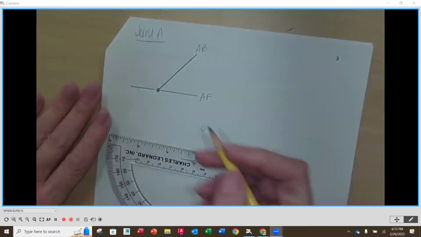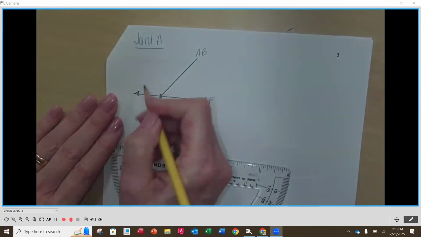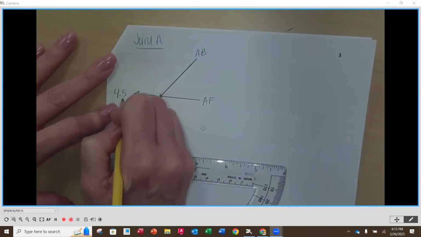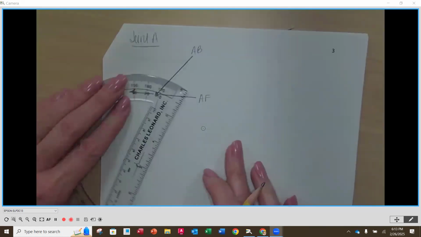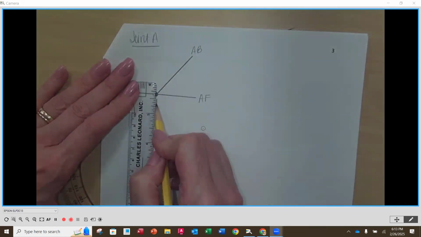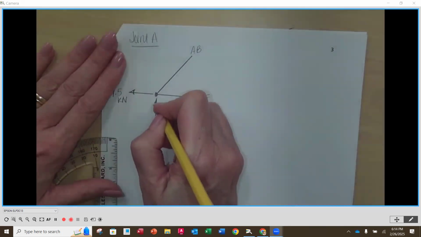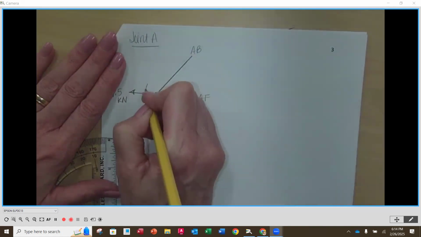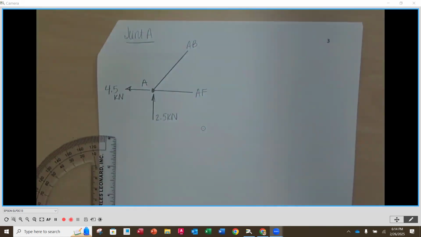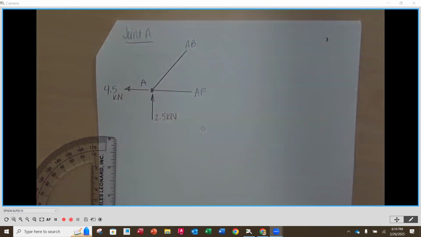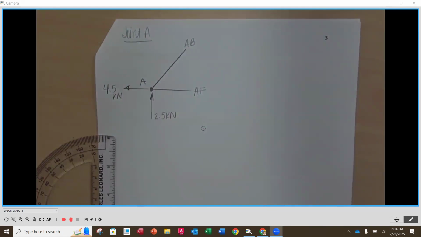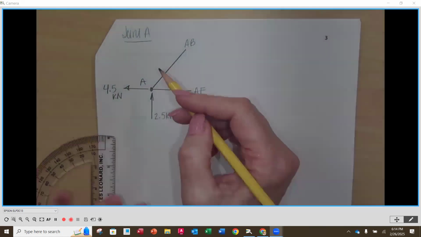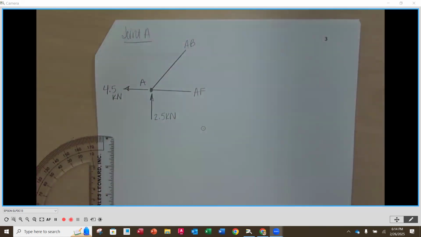They are just going to simply be 4.5 kilonewtons going to the left in the X direction and going up 2.5 kilonewtons. And then this is joint A. So this represents what we already know. Now what we want to do is we want to add in the direction of the forces along the members.